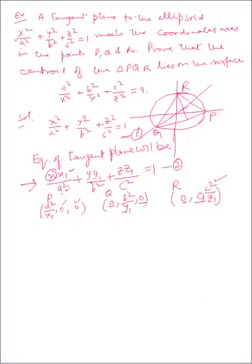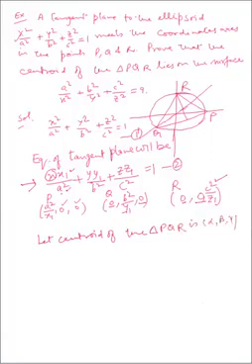Now we say the centroid of triangle PQR is (α, β, γ). Then the value of α will be (a²/x1 + 0 + 0)/3. So this becomes a²/(3x1). So α is in this form of x1, and we can find x1 from here.